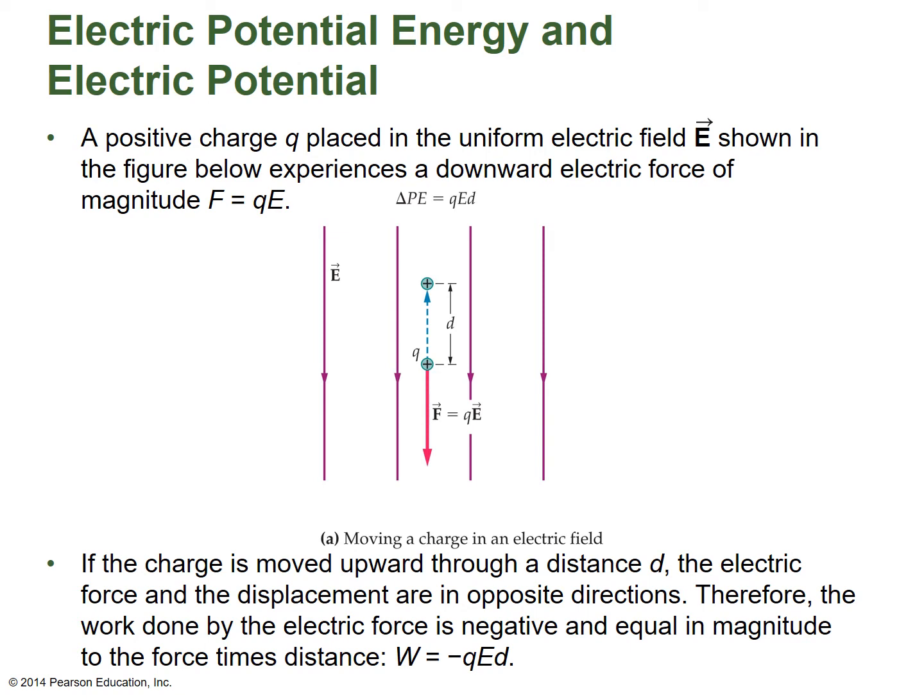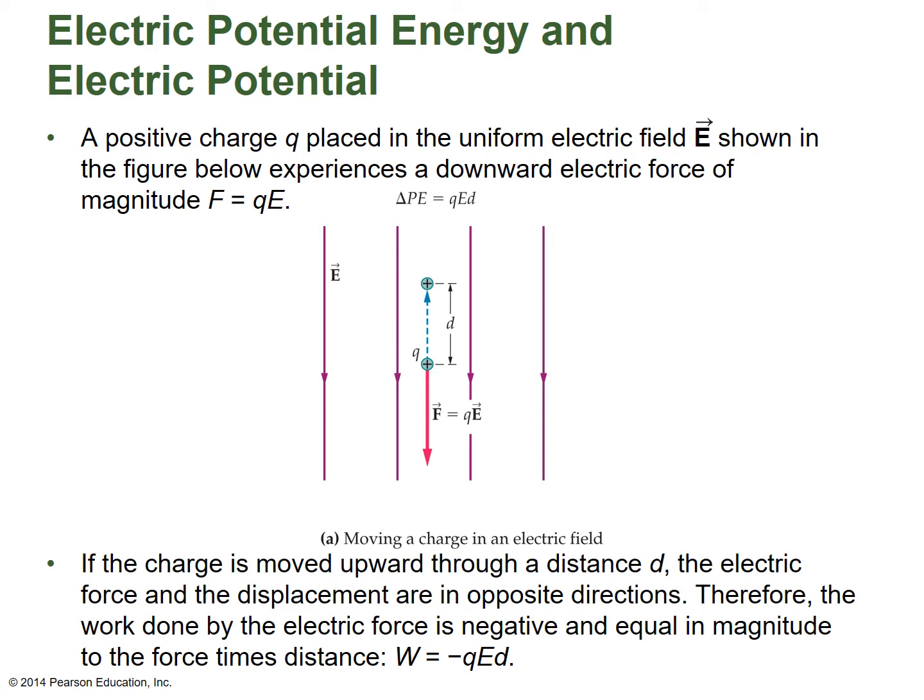It will move straight, vertically downward, under the influence of a force F. This force F equals Q times E, and since the charge moves with the field, it loses potential energy, like when you have a mass in your hand and you let it fall under the influence of gravity. Very similar situation.